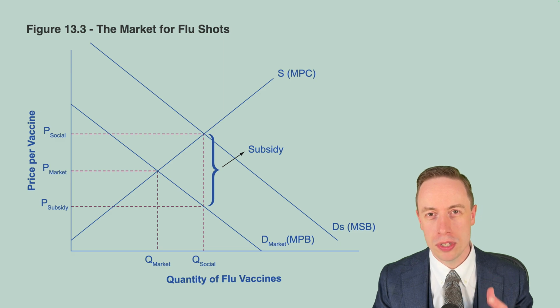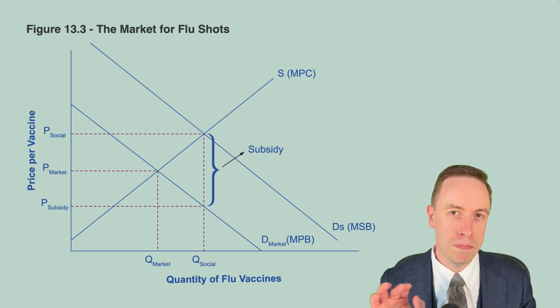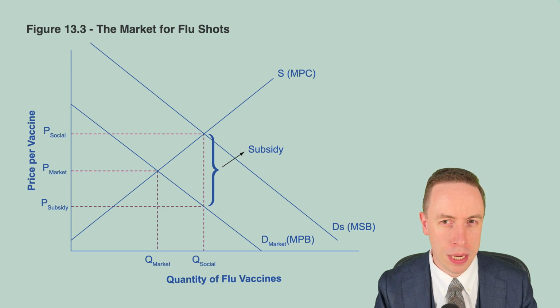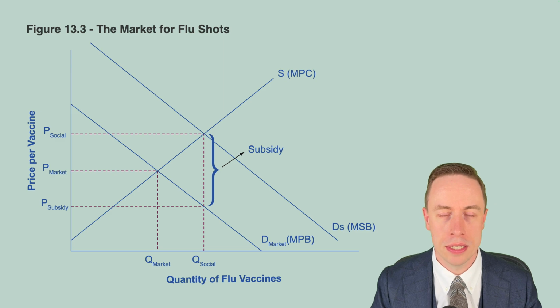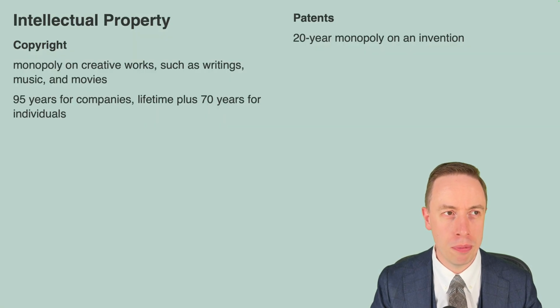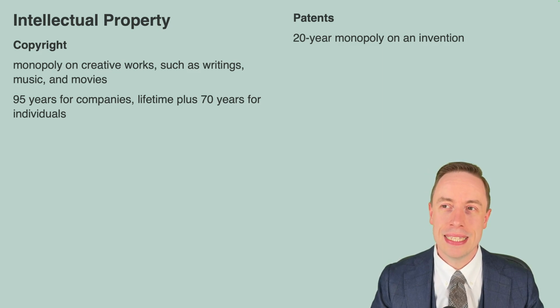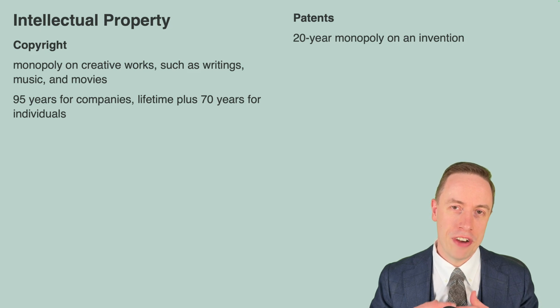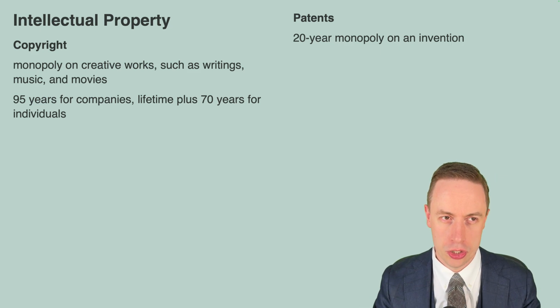Now, this is looking at positive externalities in a standard supply and demand model, but I want to briefly show you another perspective simply because it comes up a lot when discussing positive externalities. One type of positive externality that tends to be thought about a lot in economics is anything that advances our society from a technological or cultural level.